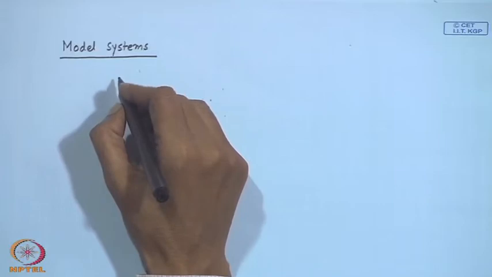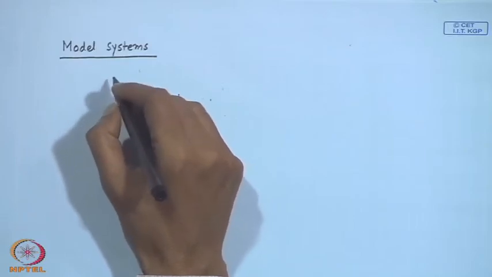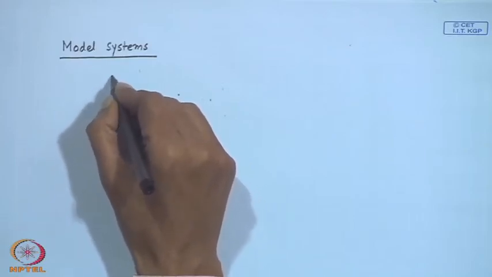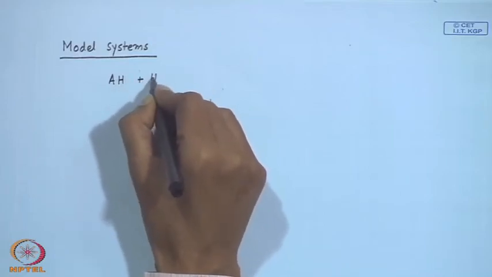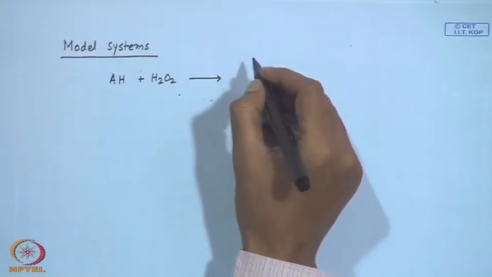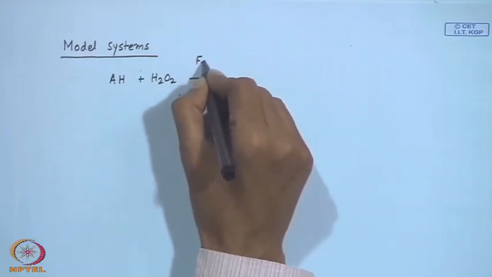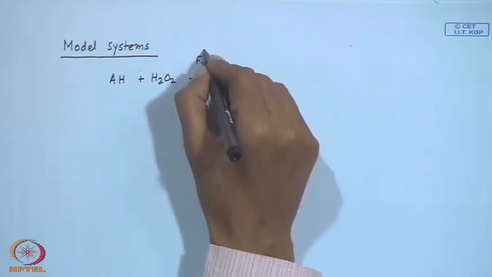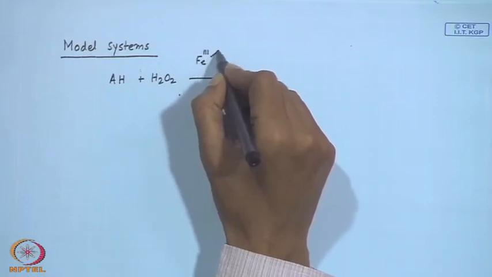That means, if you have some substrate like an alcohol or some aromatic compound like phenol, then we can have the AH which can be oxidized using hydrogen peroxide and some iron(III) compound.